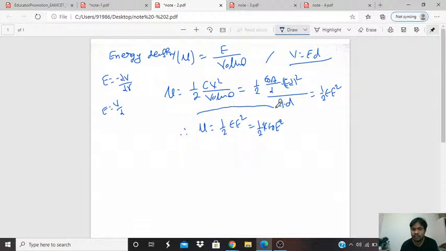This is the energy density, energy per unit volume. Are you getting it right? Very good.